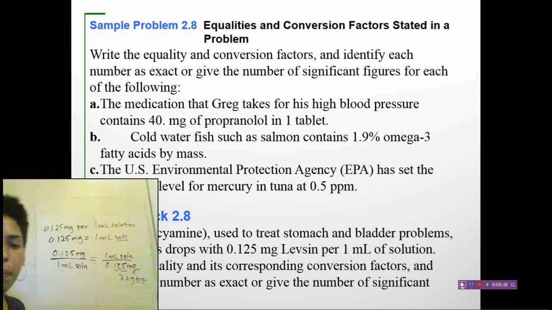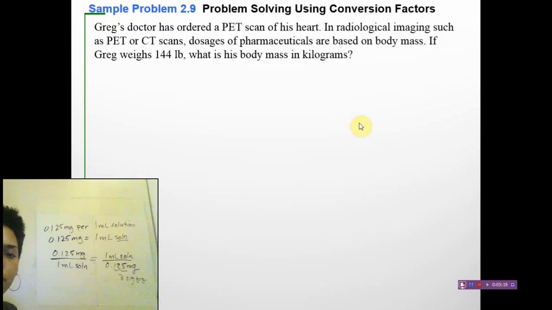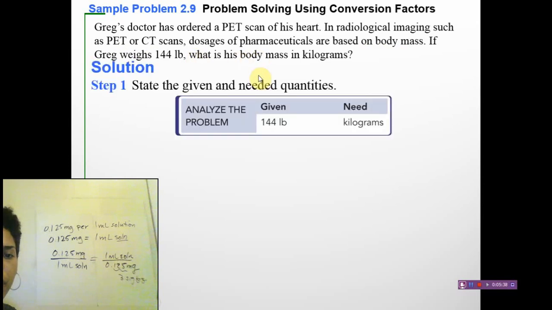All right, let's move on. This question involves conversion factors, and it says in radiological imaging, such as PET scans, dosages of pharmaceuticals are based on body mass. If Greg weighs 144 pounds, what is his body mass in kilograms?